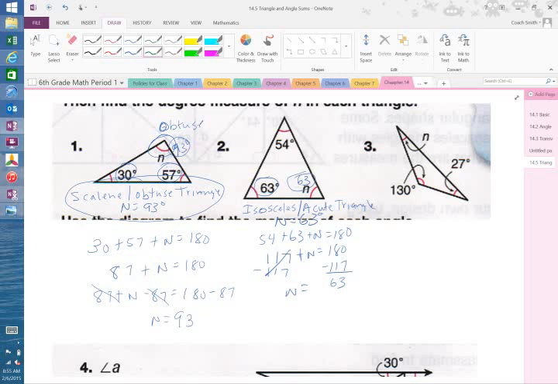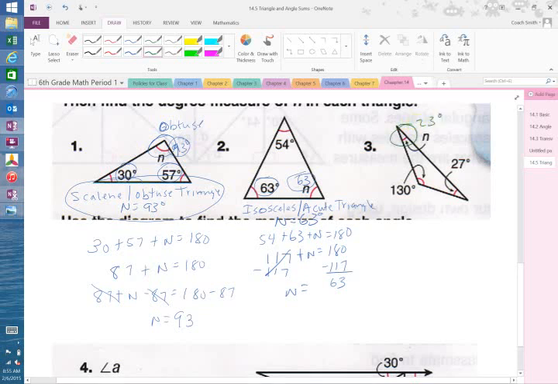No. It's not 33. Jonah? 23 degrees. Remember, it's 180, not 190. That's a common mistake that people make with triangles in these next couple of sections. Okay? So that angle is 23 degrees.